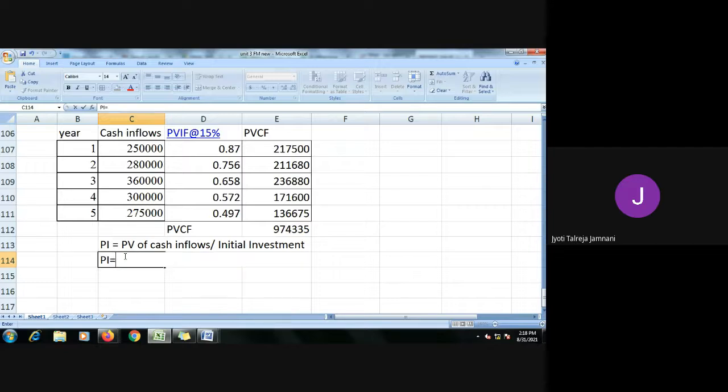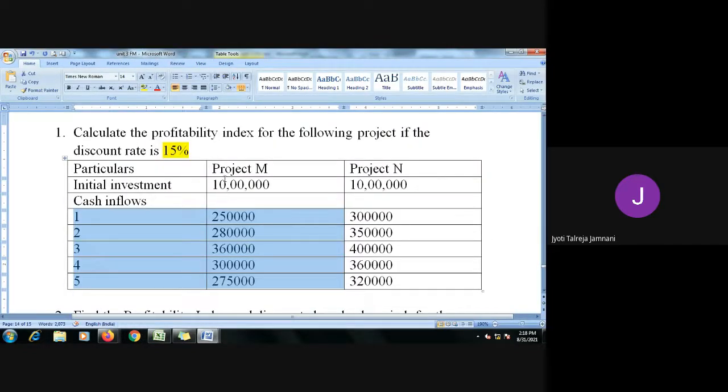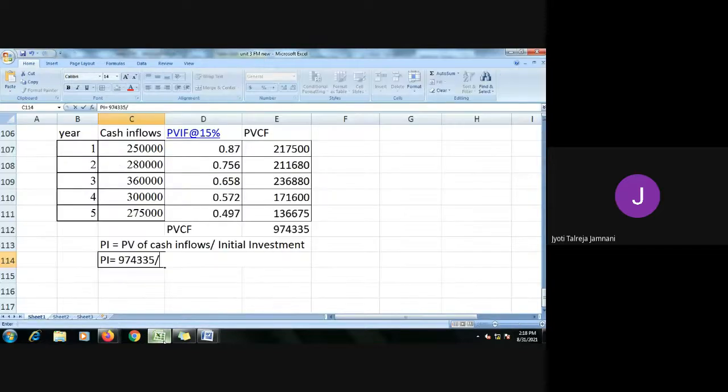PI is equal to present value of cash inflows, which is 9,74,335, divided by the initial investment given in the question, which is 10 lakh rupees for project M. So we have to divide by 10 lakh. Just divide and see how much you get. 9,74,335 divided by 10 lakh.